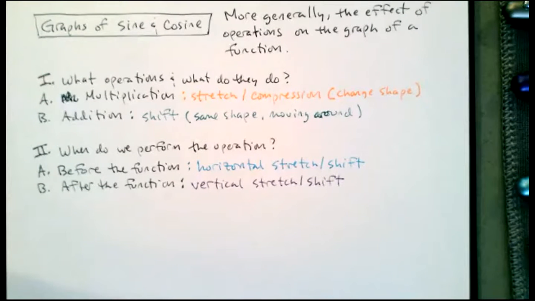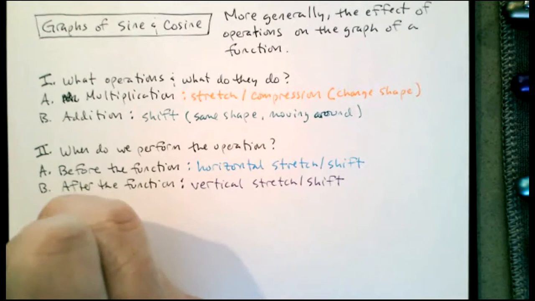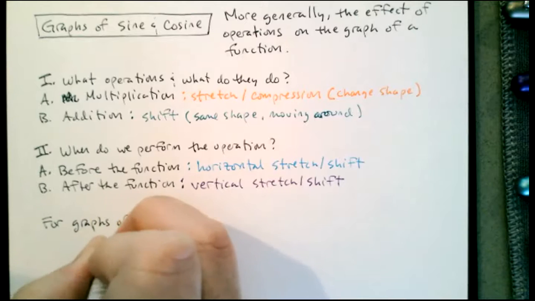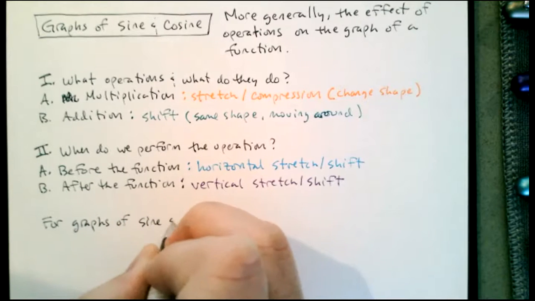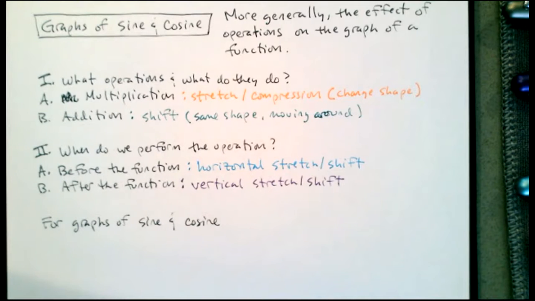We can adjust the amplitude and the period by performing multiplication after the trig function or before the trig function. So for graphs of sine and cosine, we use multiplication to change the amplitude and the period.